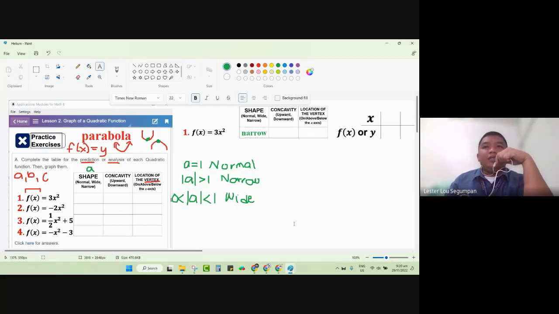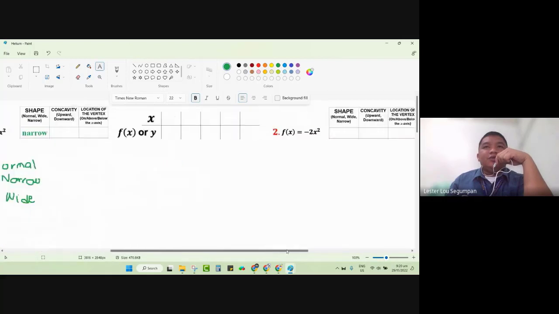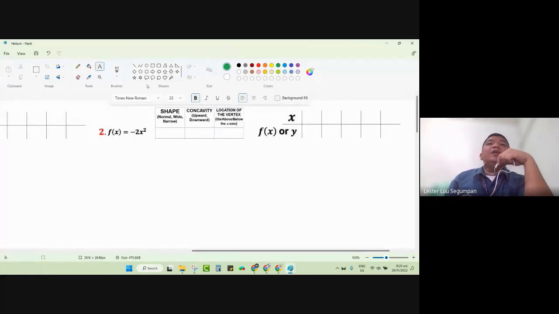Looking forward to number 2, or the second function, since our a coefficient is negative, when you take its absolute value, the absolute value of negative 2 is 2 and it's greater than 1.